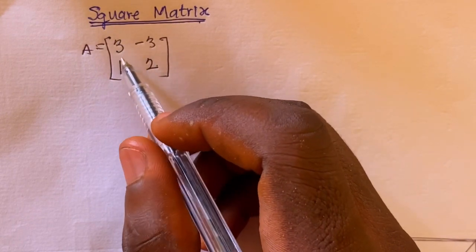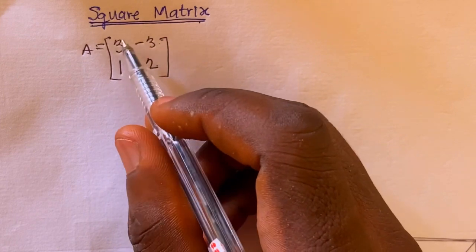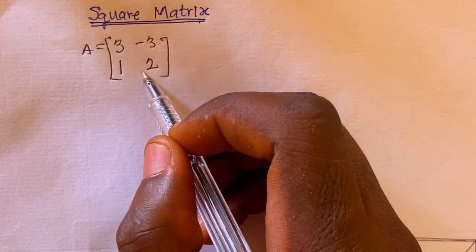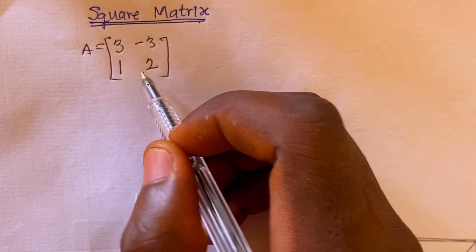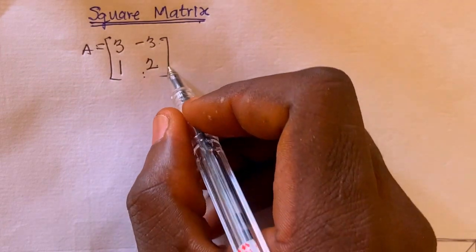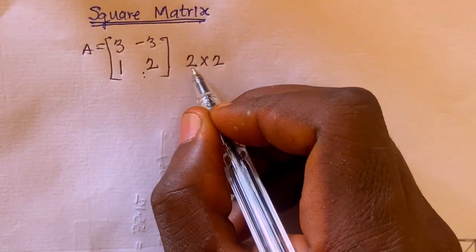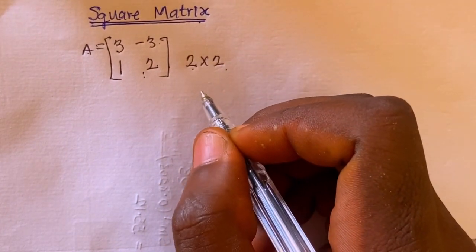Checking the rows here is actually the same thing as the columns. So this is known as a square matrix, and this type of matrix is of order 2, which is 2 by 2. That is, the row and the column are equal.